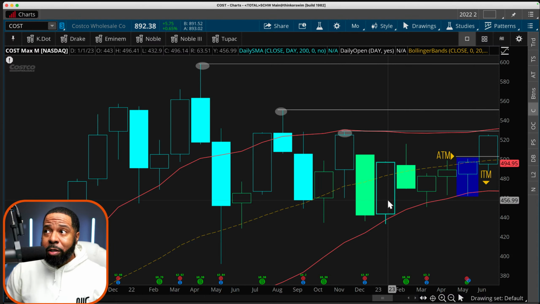When you trade options, you're literally playing a game of probability. That's all it is. So you're paying for higher probability of price going that way based on the fact that at 500, it has to move $100 just to get to where your contract would then be at the money.